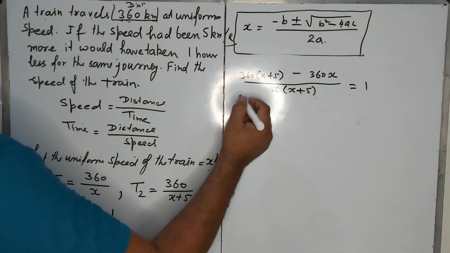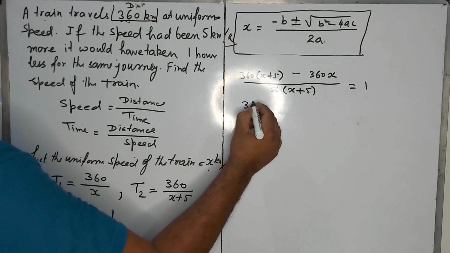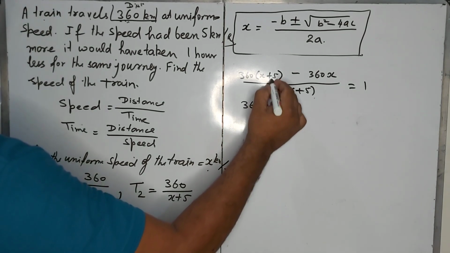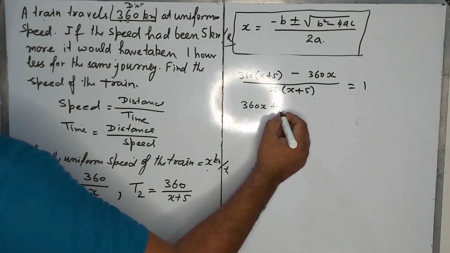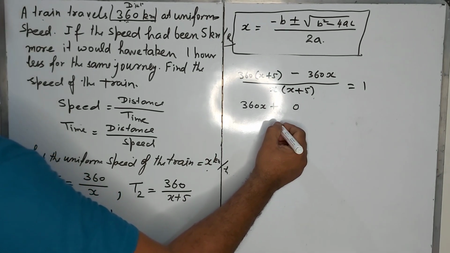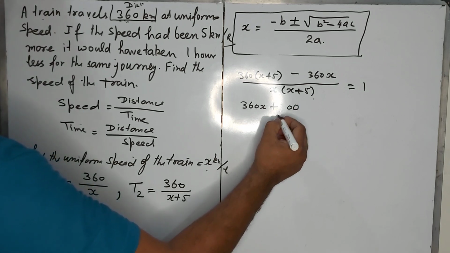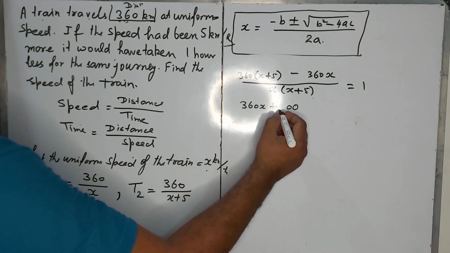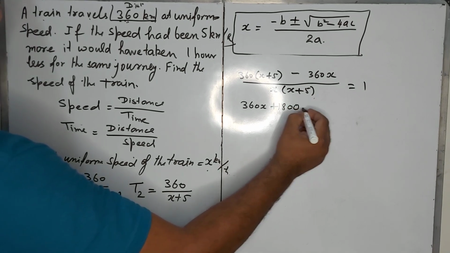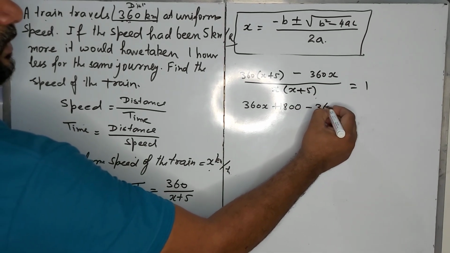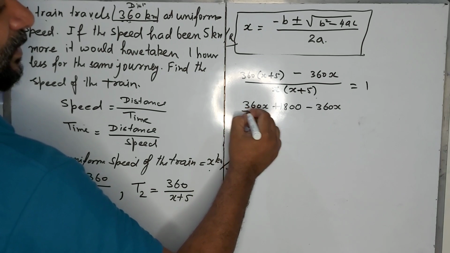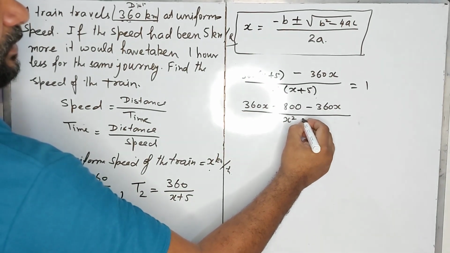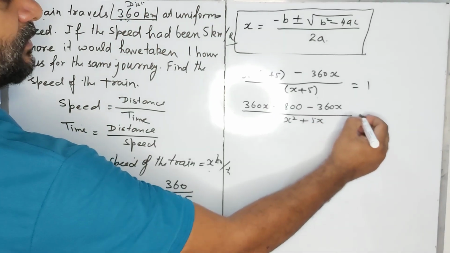Open this bracket, it will become 360x plus multiply 5 with 360, which is 1800, minus 360x. Now we again open this bracket, it will be x square plus 5x equal to 1.